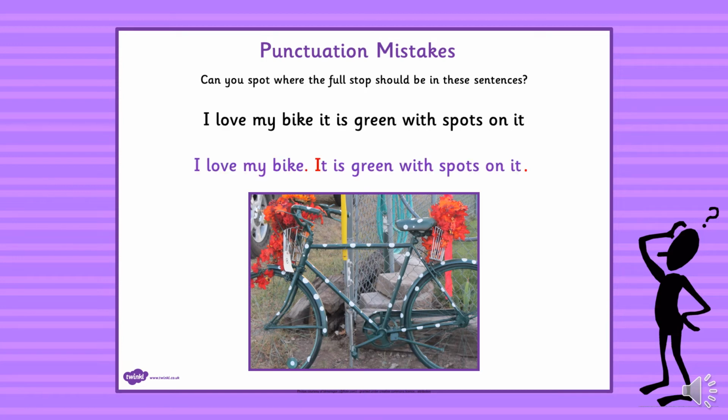Well, there needs to be a full stop after bike because that's the end of the sentence. I love my bike. And because it's the end of the sentence, the I on the word it needs a capital letter. It is green with spots on it. And of course, you need a full stop at the end. Well done if you spotted those mistakes and managed to correct them.